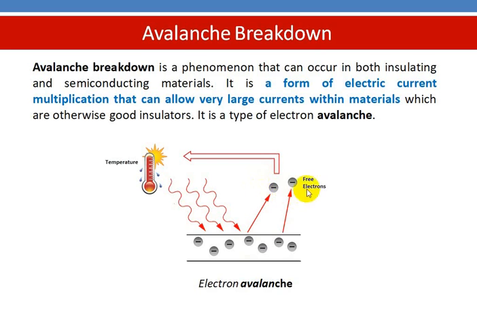They are free to move in the structure, and further they will flow and constitute current. Because of this movement of electrons, current flows and as a result heat is also developed in the device. This heat further liberates electrons, and as a result more and more free electrons are produced and more current flows.